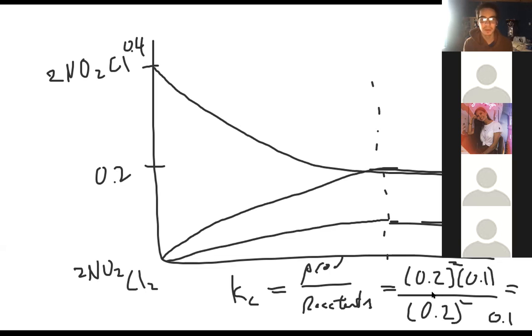So we don't use solids or liquids, and another thing we omit is aqueous compounds. Think of pressure like gas, and we're using only gas for Kp.